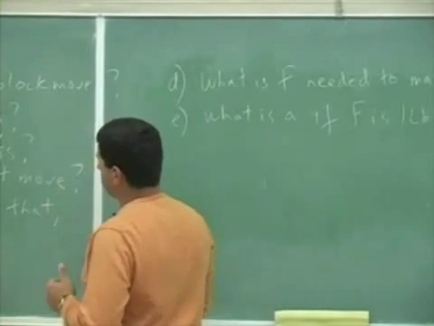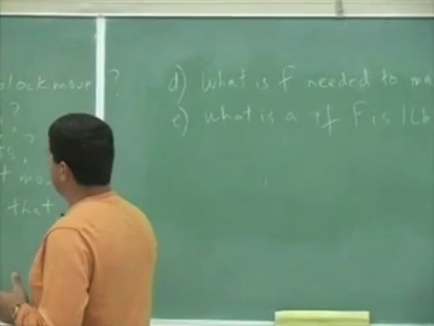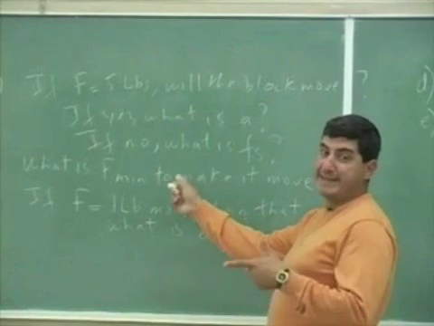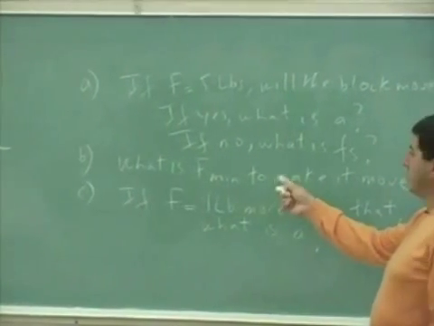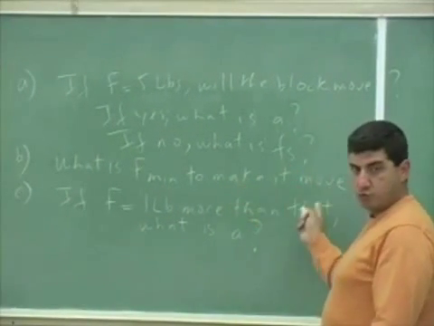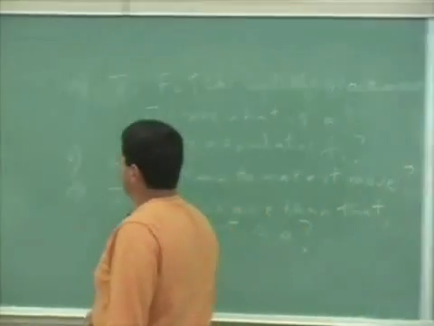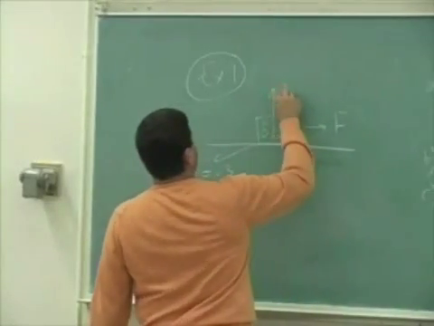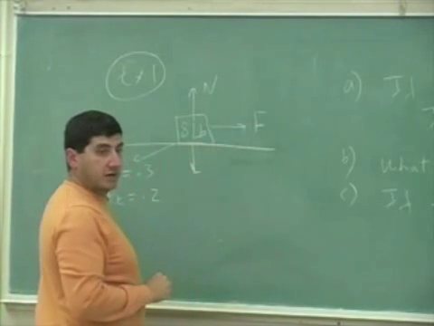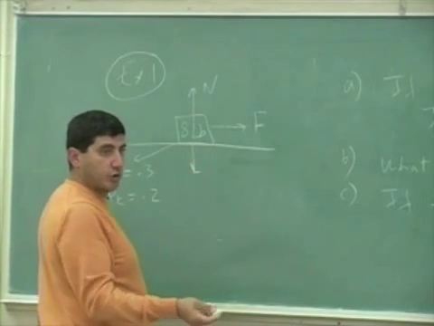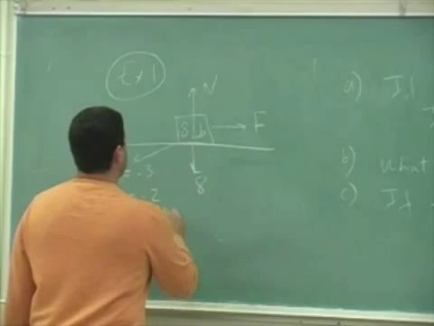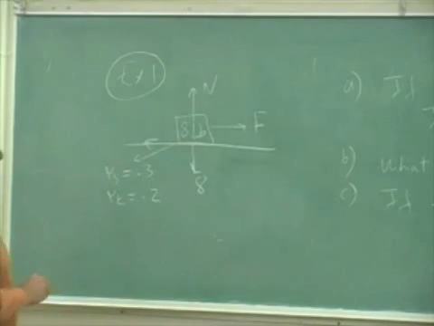When we're solving this, we could even start with part B, because B is asking what is F needed to make it move. Here the weight of the object, we already know, is 8 pounds, so N is equal to 8 pounds.